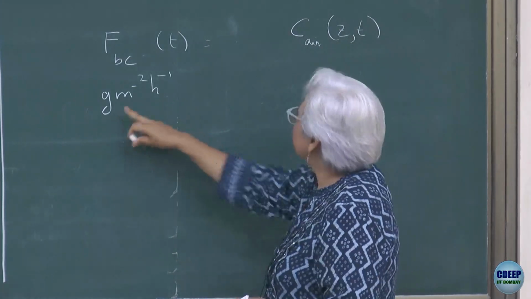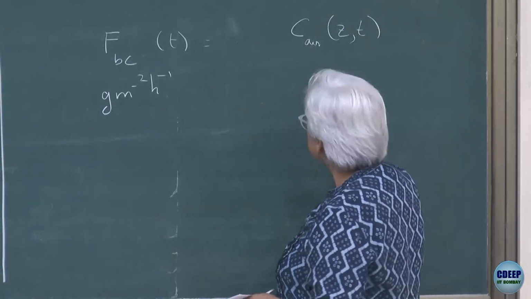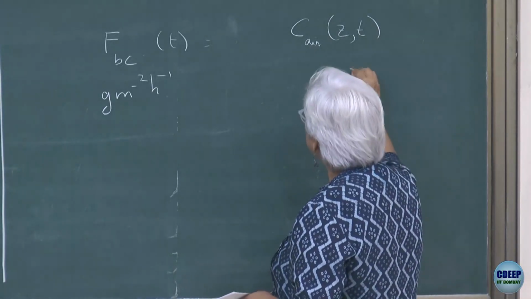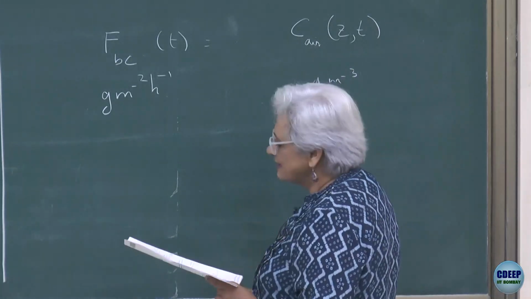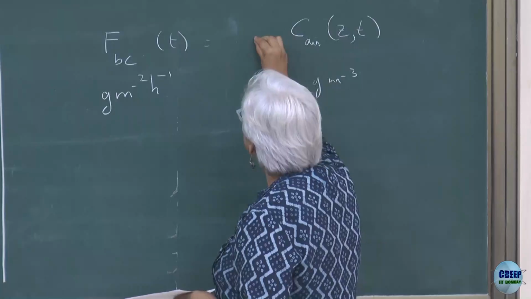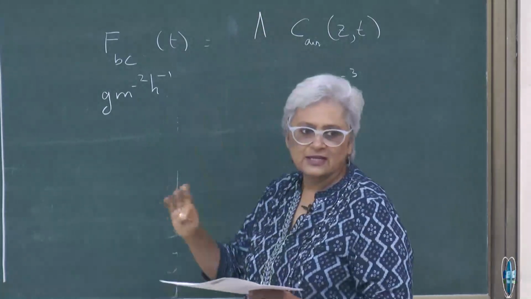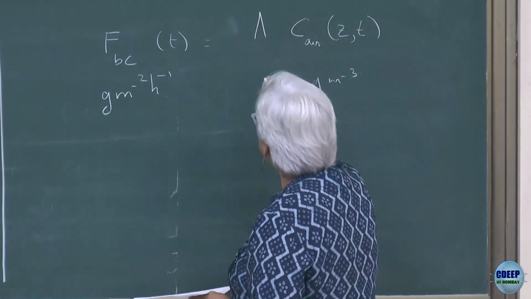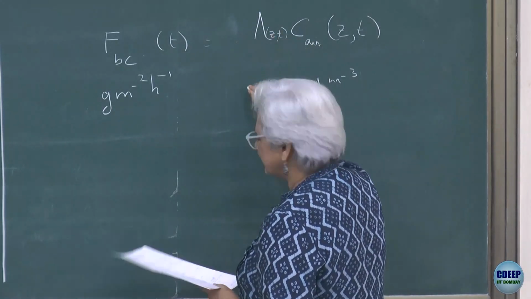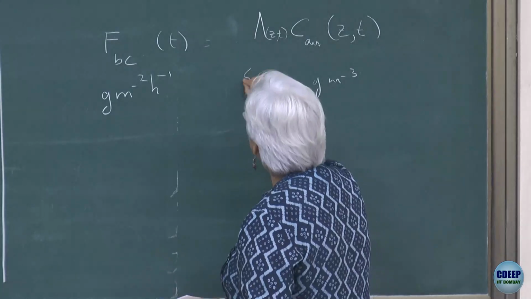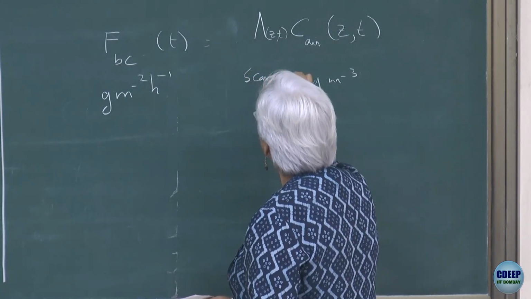And because this is a mass concentration, it is in grams per meter cubed, micrograms per meter cubed, etc. In a lumped parameter approach, I can use a gamma, which is also a function of z and t, and I call this a scavenging coefficient.